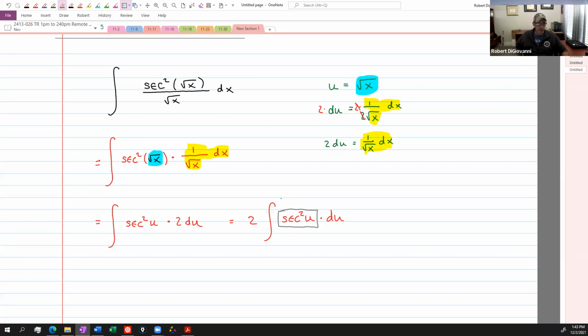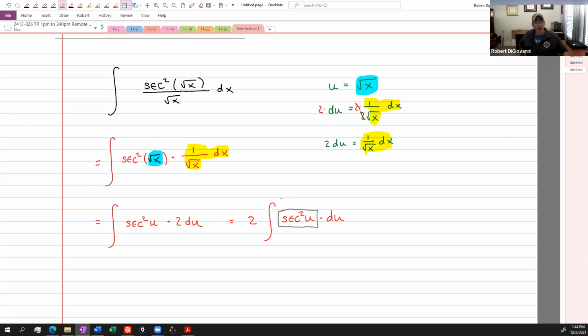Maddie may not be there. Most of y'all talked last time, no? Raquel, do you know the antiderivative of secant squared u? It's tangent, right? Okay, tangent. Good. Yes.